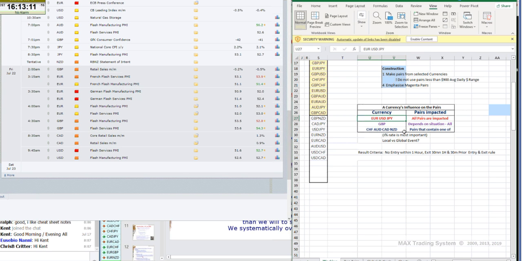So not too important. Having said that, sometimes if there's major news coming up, it can impact all the other pairs as well. I keep saying this, but I have seen the Kiwi come out with some news which made the pound dollar jump, completely unrelated, but it was that important. So just be careful.